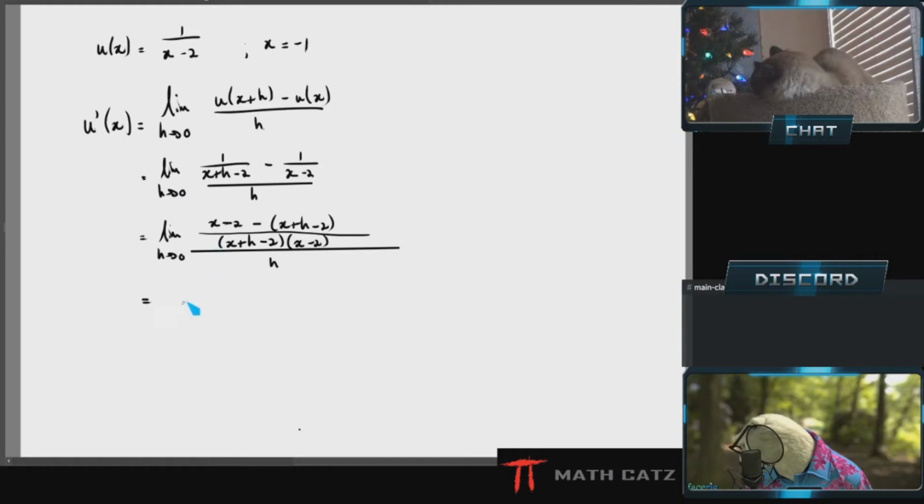Now I can put the h over there, making it a little bit nicer. So my denominator will be h, x plus h minus 2, x minus 2. The numerator now simplifies to x minus x, negative 2 plus 2, and a negative h.